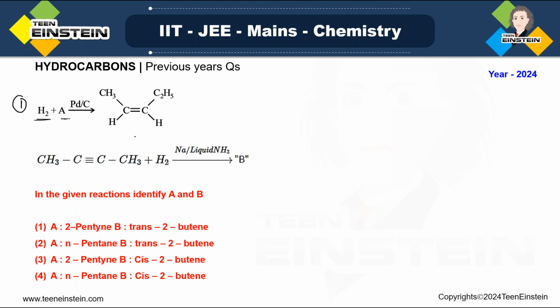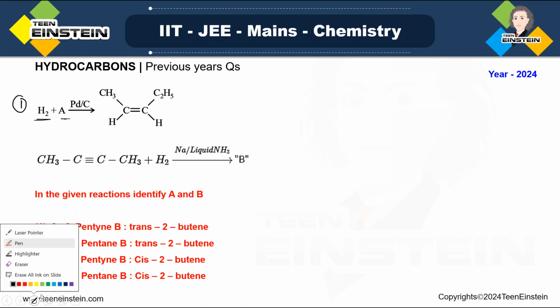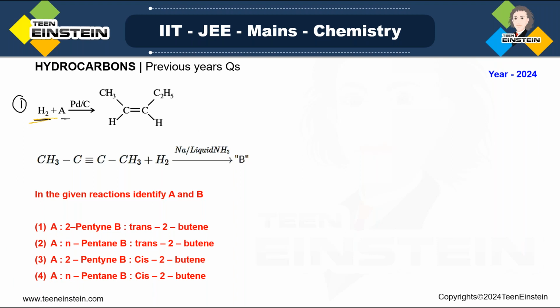We are getting this type of molecule. Now, one thing is clear from this, that in this reaction, both the hydrogens are added from the same side. And A must have some triple bond present, because it is hydrogen addition in presence of a metal catalyst. So there must be some unsaturation, and from the triple bond we are getting a double bond.